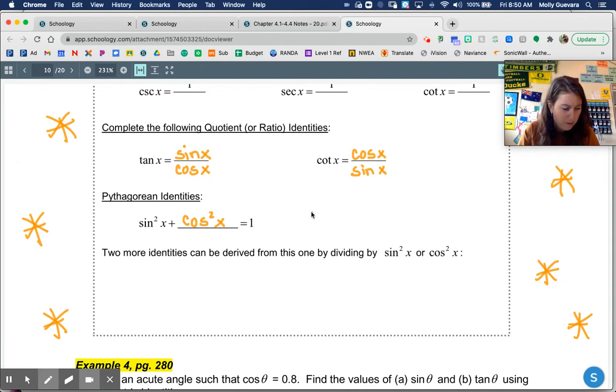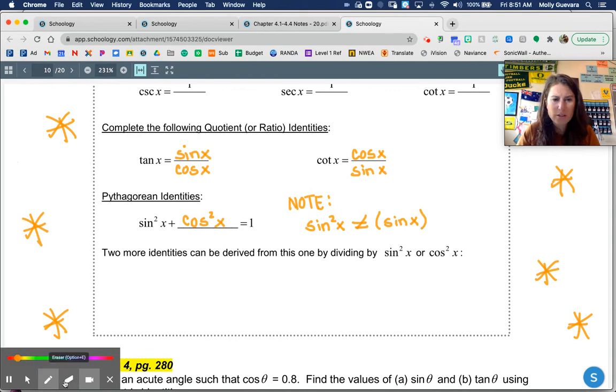And I want to make a very, very, very important note here, and I don't know if you need to star it or whatever, but sine squared of x is not the same thing as sine of x squared. Oh, sorry. Go back. I was like, wait, that doesn't make sense. It is the same thing as sine squared of x.